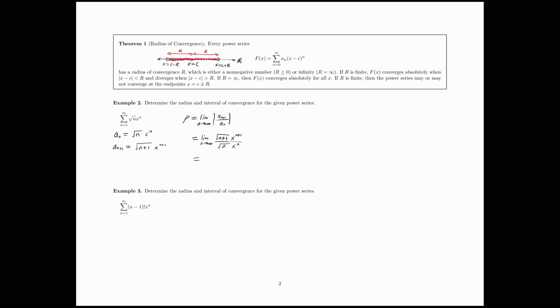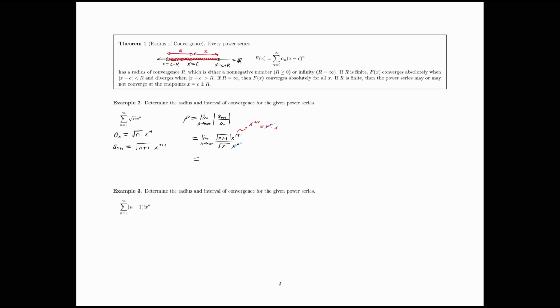So notice here that we can rewrite our x to the n plus 1 as x to the n times x, in which case the x to the n's would cancel and we're left over with just this x. And since this is x, the absolute value actually does matter.